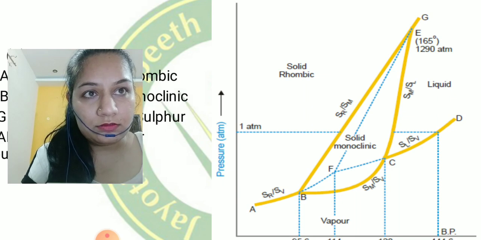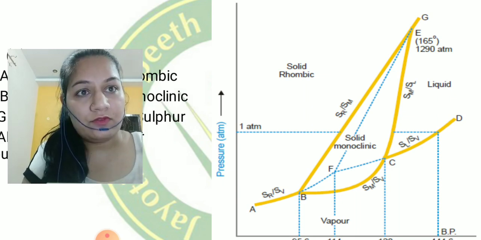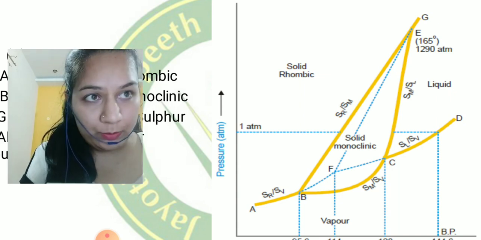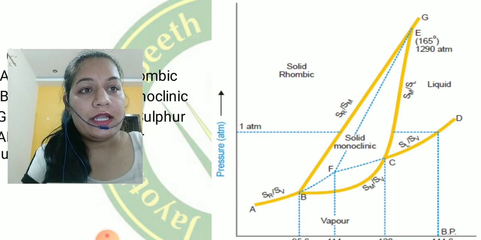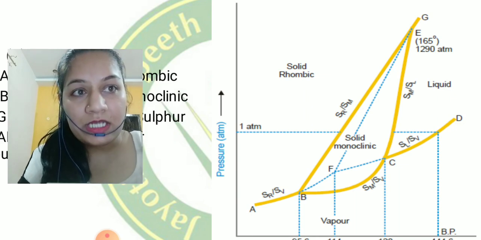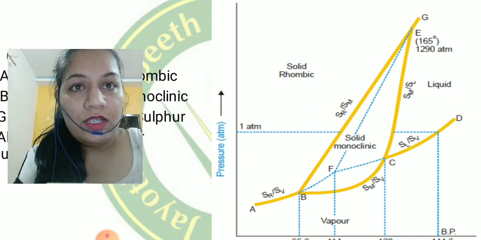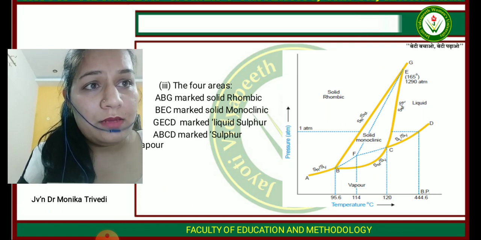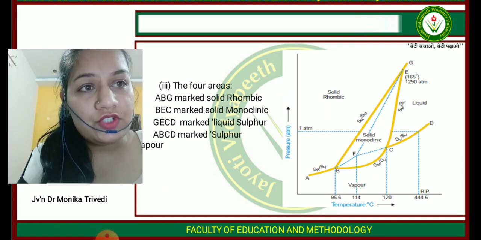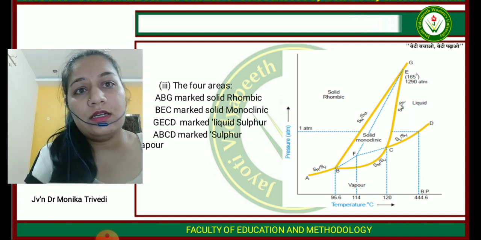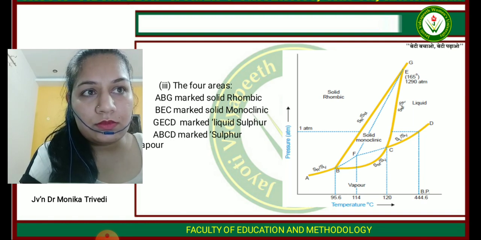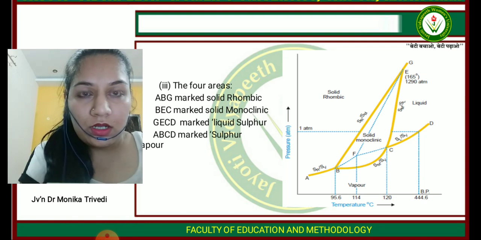We have four phases, sulfur rhombic, sulfur monoclinic, sulfur vapor and sulfur liquid, present in equilibrium. And we have the triple points B, E and C, and we have the areas like ABG, BEG, CEG, CED and ABCD, in which the phases of sulfur coexist.